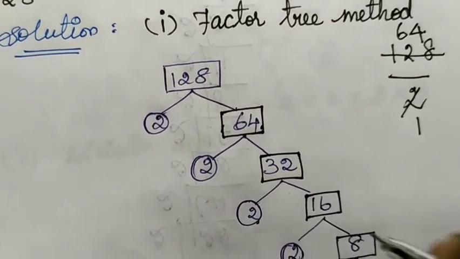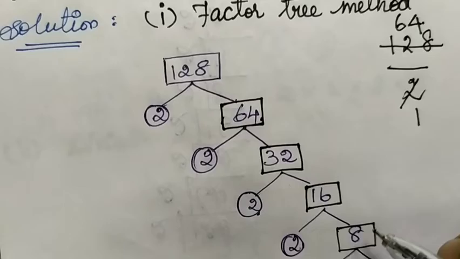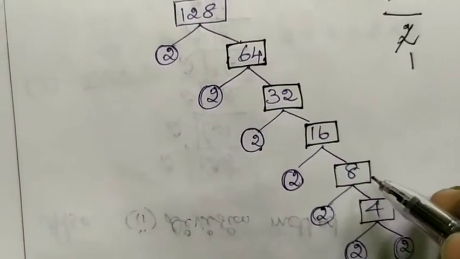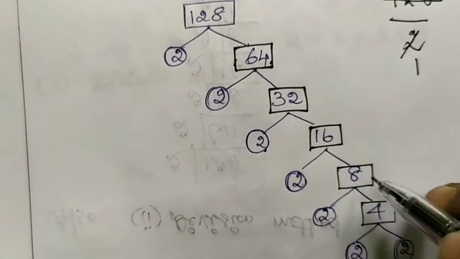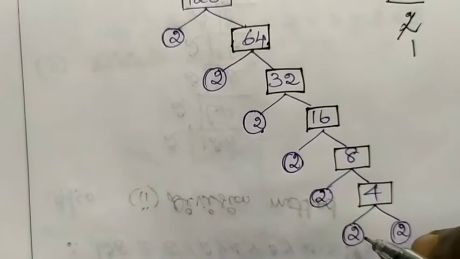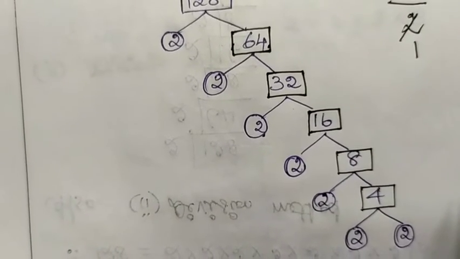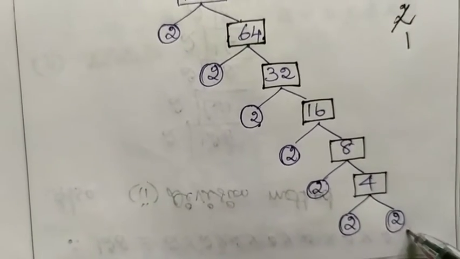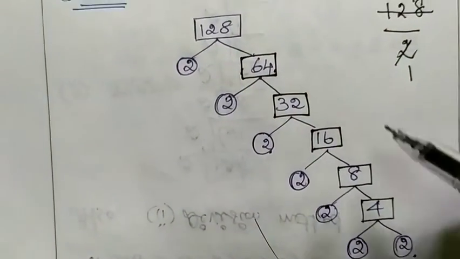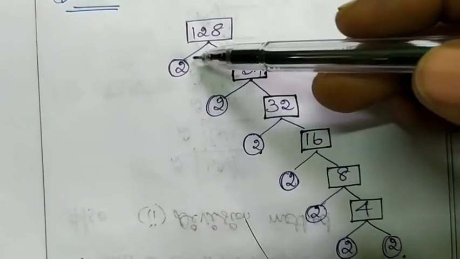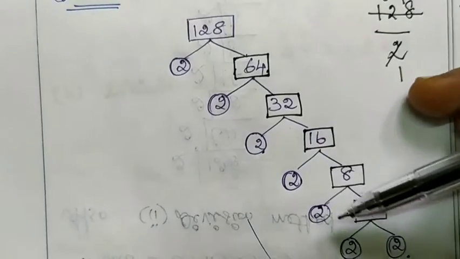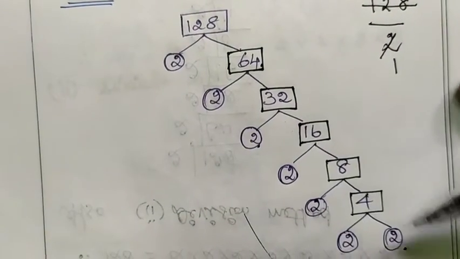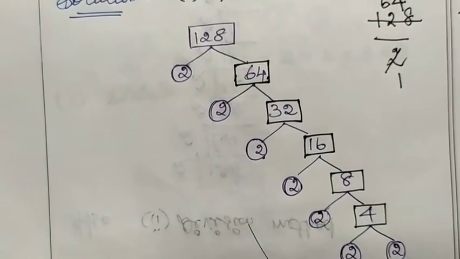Next 16 also comes in 2 table; 8 twos are 16. 8 comes in 2 table; 4 twos are 8. Next 4, 2 twos are 4. So we stop here. These are the factors of the number 128. How many twos are coming? 1 2 3 4 5 6 7. Therefore you write the number like that.